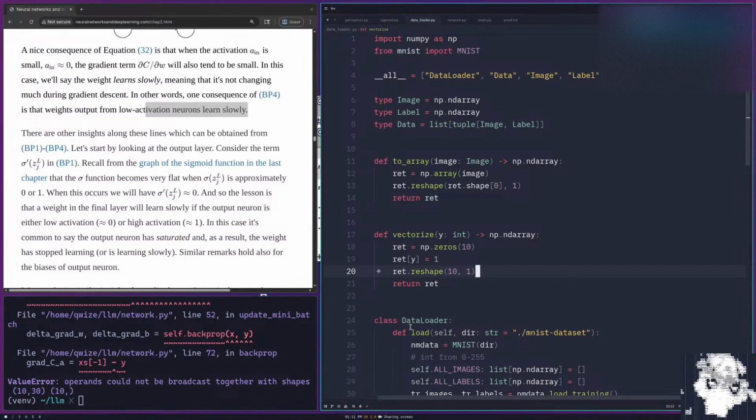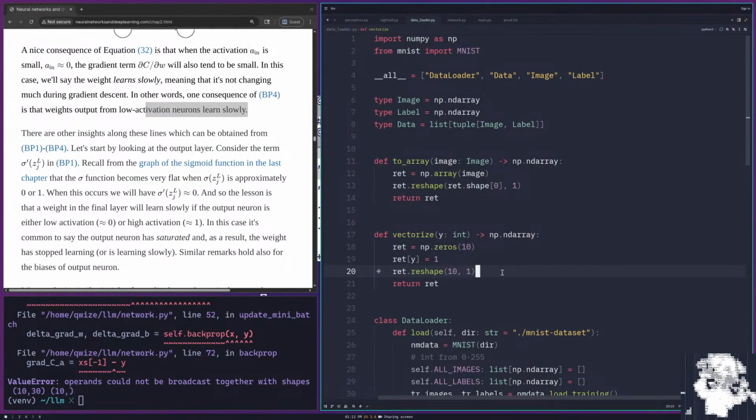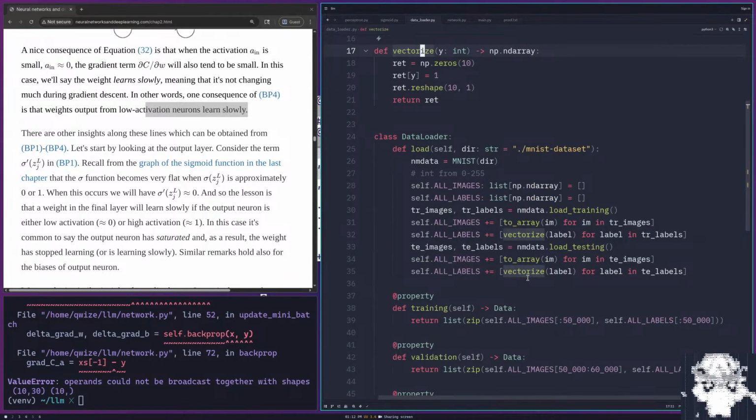Y somehow doesn't have the right shape, which means somehow not vectorizing it properly.